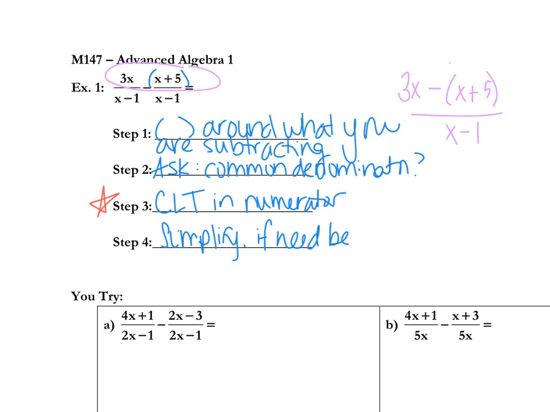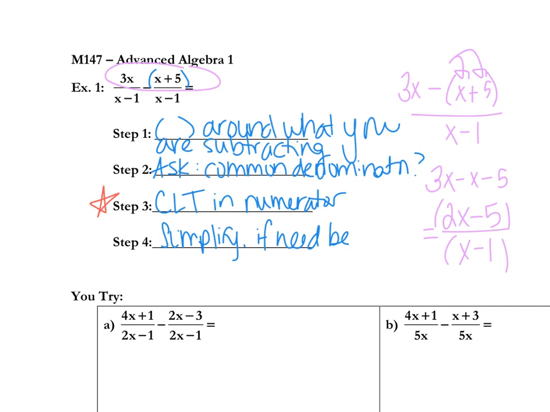We need to simplify the numerator first. We have 2 x's showing up in the numerator, so I know I'm not done with my work. So 3x minus x minus 5. 2x minus 5 all over x minus 1. Then ask yourself, can anything simplify? Which in this case it cannot, because remember that these are attached, so we are done with the problem.